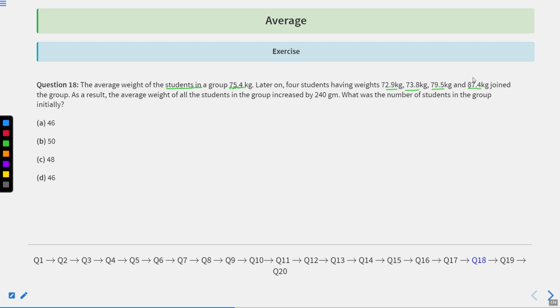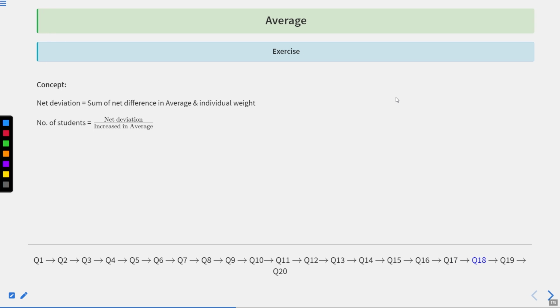So these are the weights of the students who joined the group. As a result, the average weight of all the students in the group increased by 240 grams. So what was the number of students in the group initially? That is what we want to find out here.